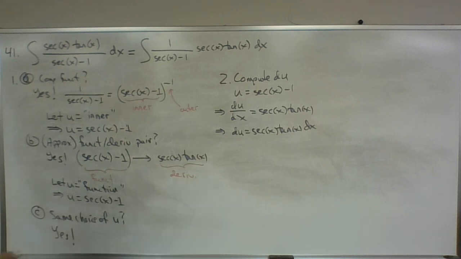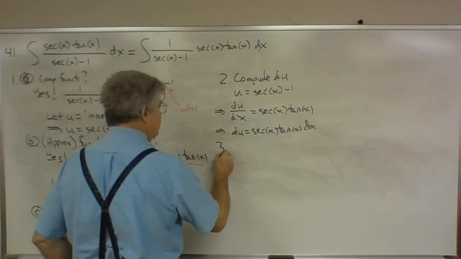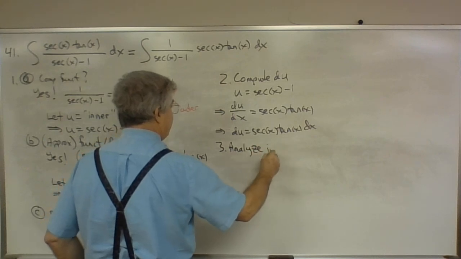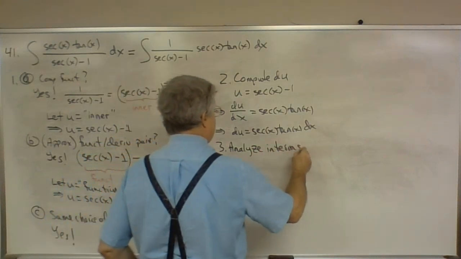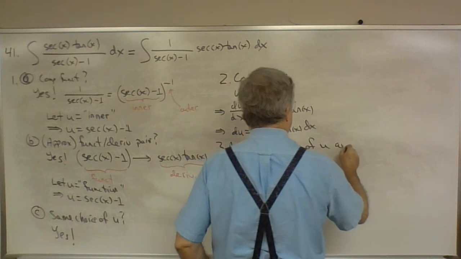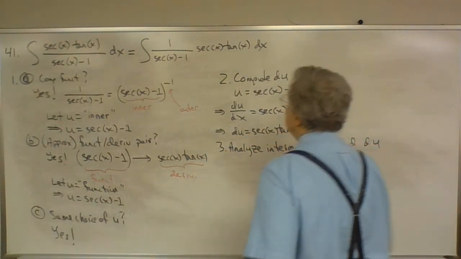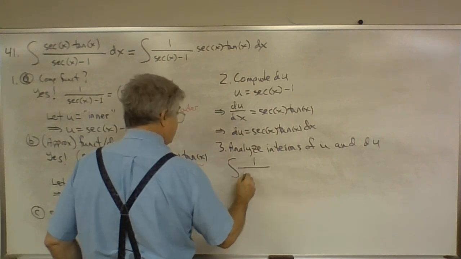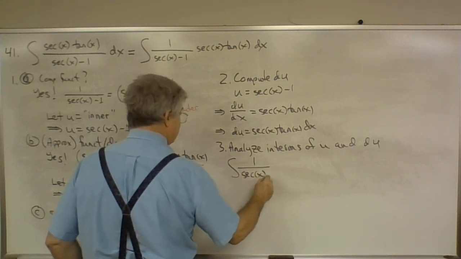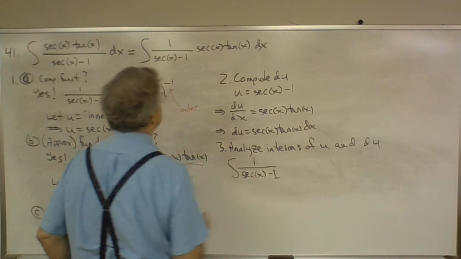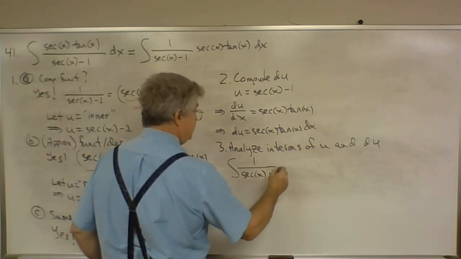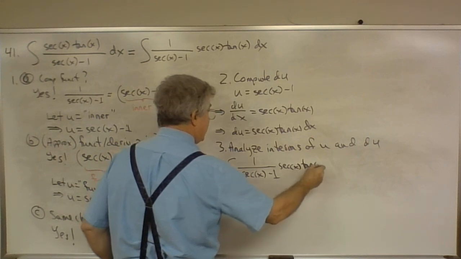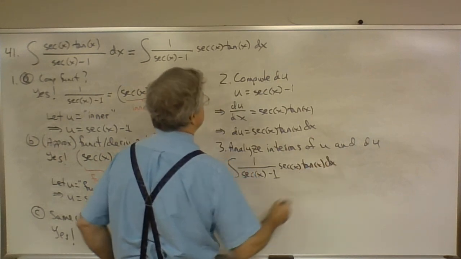Next step, analyze in terms of u and du. And we have the integral of 1 over secant x minus 1 times secant x tangent x dx.